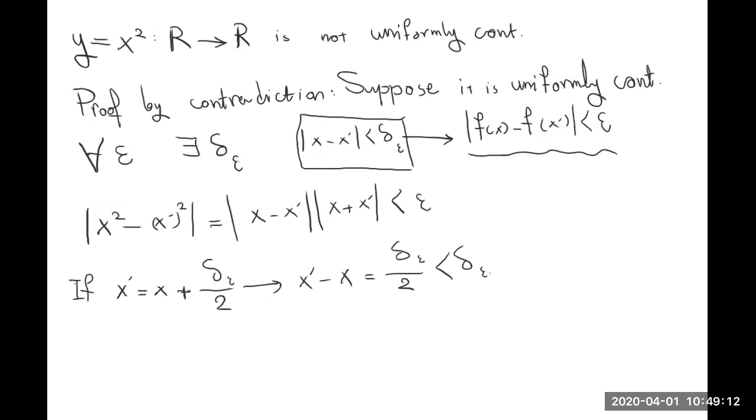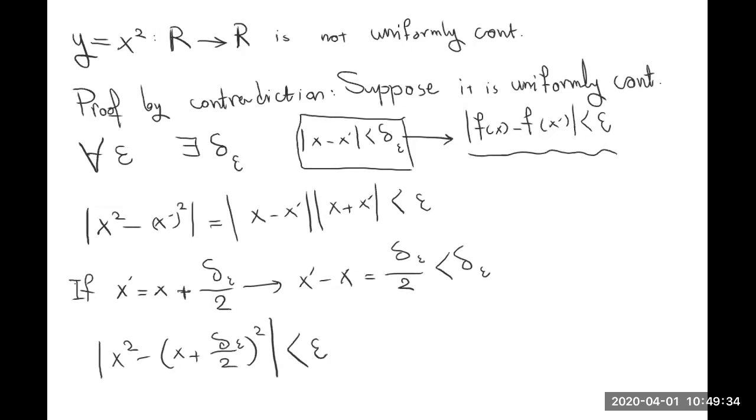So f of these two points should satisfy this property. So x squared minus x prime squared, which is x plus delta over 2 squared, should be less than epsilon.